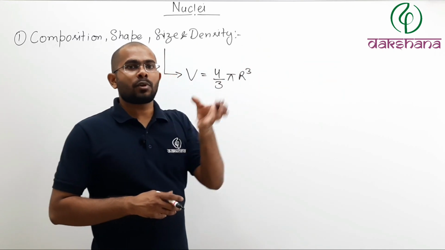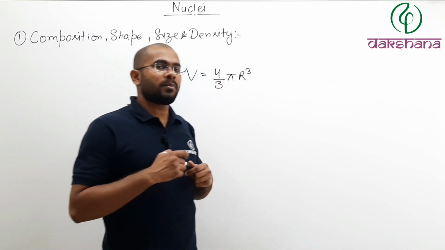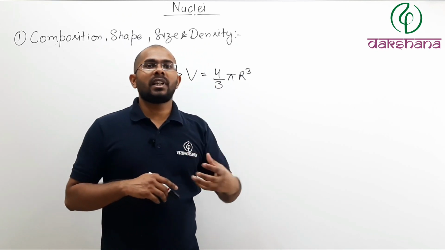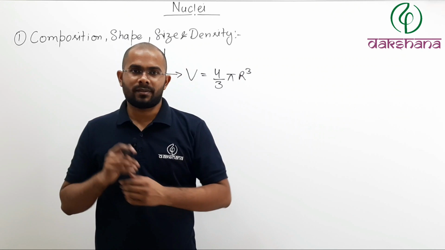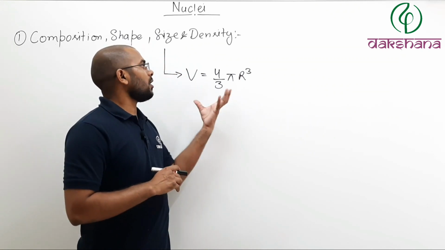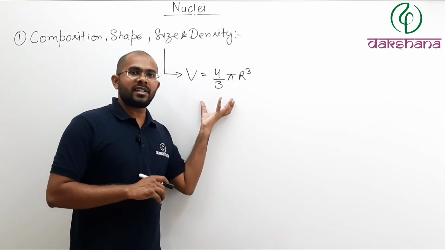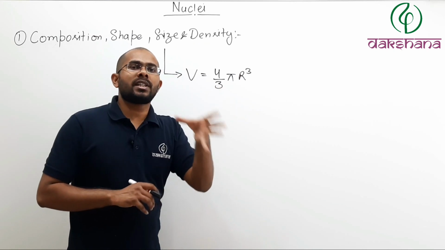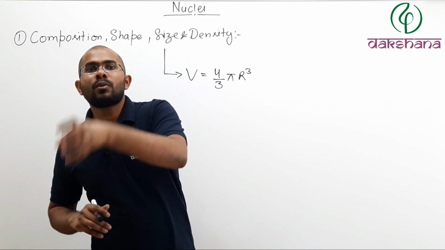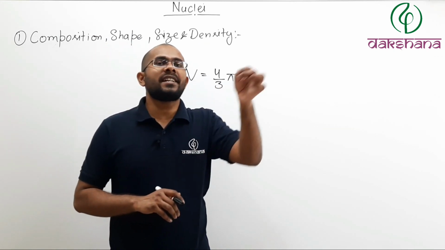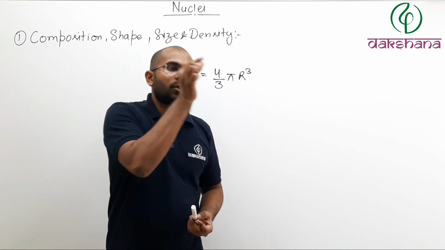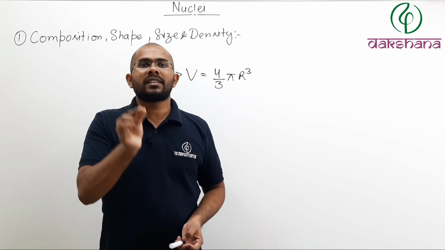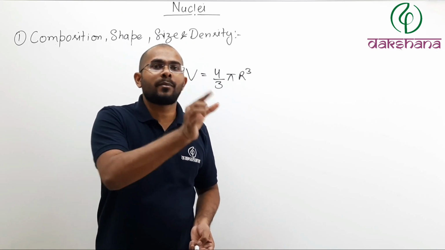Protons plus neutrons are collectively called nucleons also, because they are the particles of the nucleus. So the size of the nucleus depends upon how many protons plus neutrons are present inside the nucleus, and that number is called the mass number.